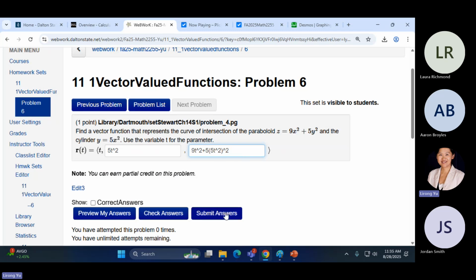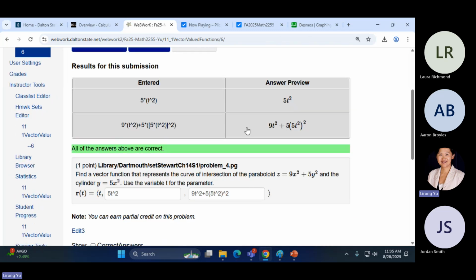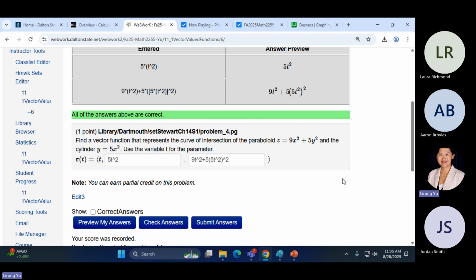The calculation is a bit long, but the computer can probably do it. That's how we enter that one. Any questions? We're using the formula for x, and therefore we have a formula for y because y equals 5x squared.